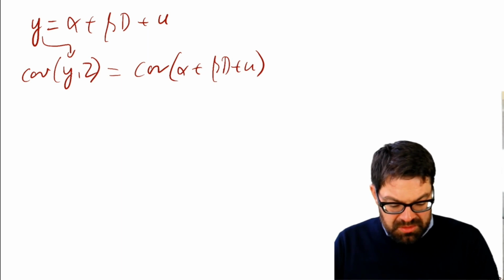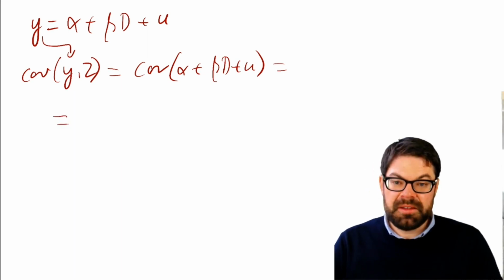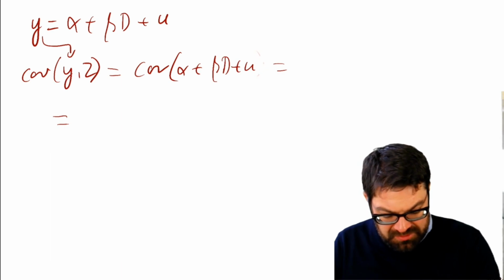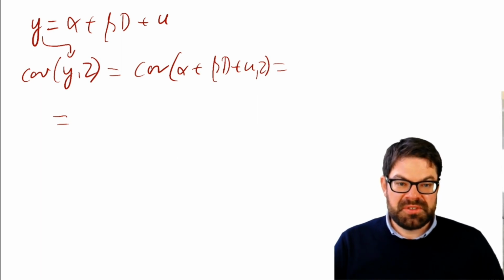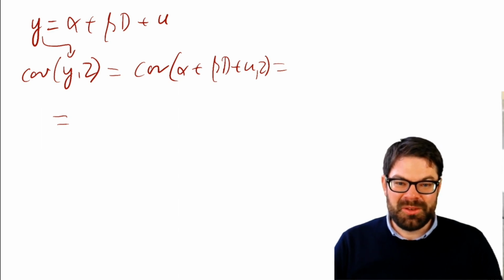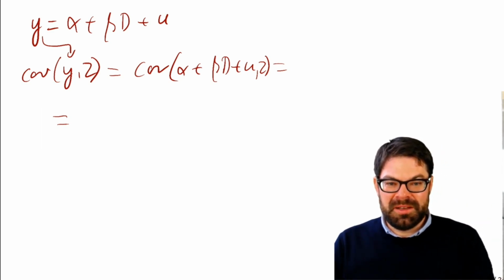And then what we do is we will simplify things. This has to be obviously the covariance of this sum with z, and the covariance of a sum with a random variable is the sum of the covariances of each of the terms with the random variable.